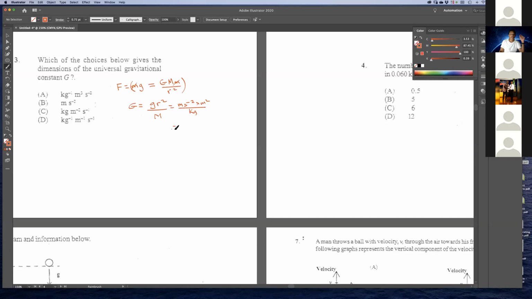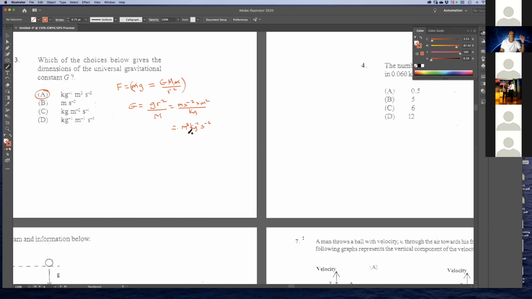And when we combine them together, the meter squared becomes meter cubed. The kilogram from the denominator comes up in the numerator, but it has to be expressed as kg to the minus 1. And the s to the minus 2 remains s to the minus 2. And that is right here, E.